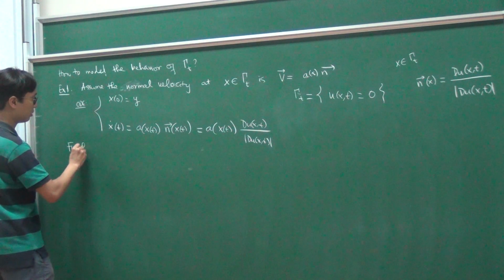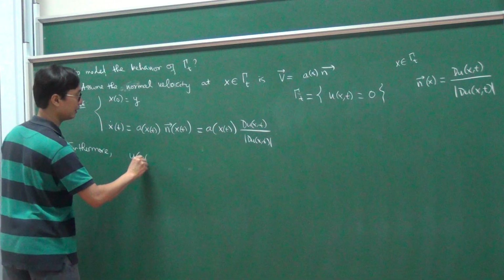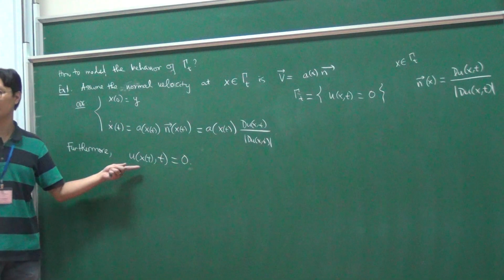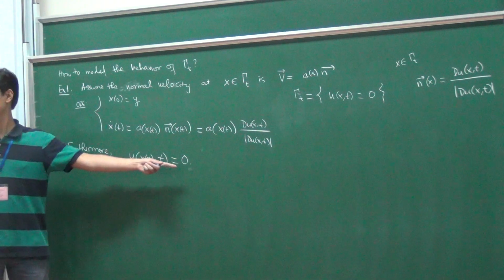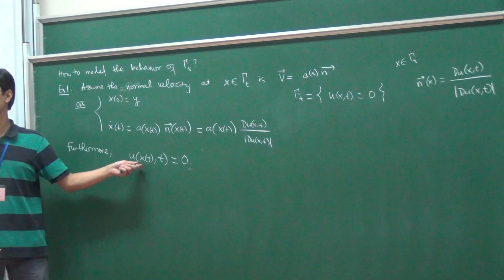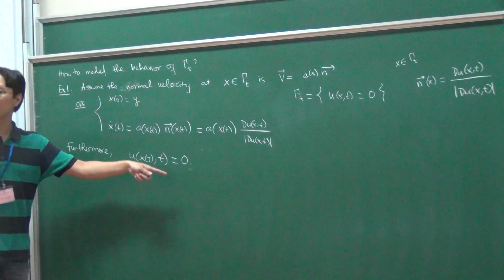furthermore, I have u(x(t),t) is always equal to 0, so it's some kind of conserved quantity, right? Because I'm always surfing on the 0 level set. So u is always 0. Okay, now assume everything is smooth again, differentiate with respect to t. So d over dt of the whole quantity is 0, right?